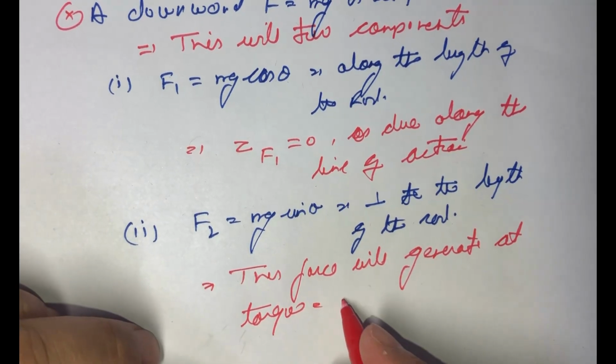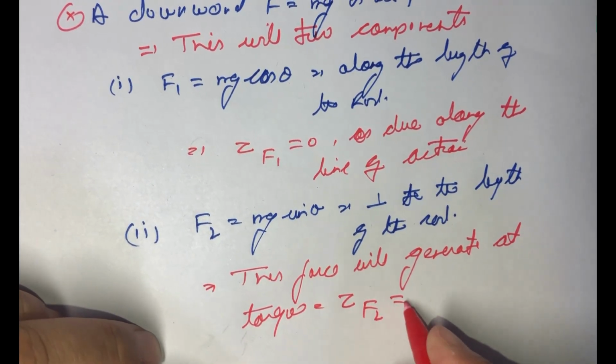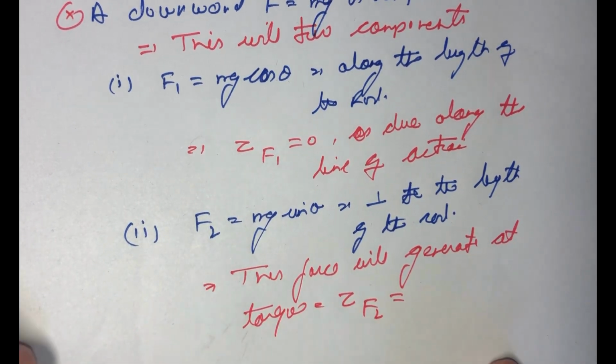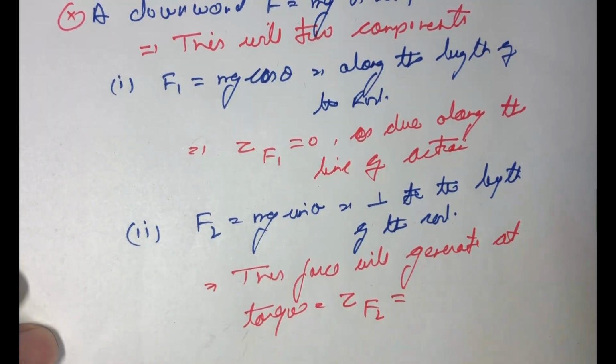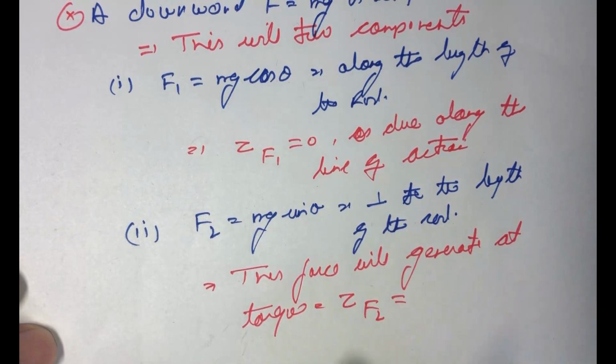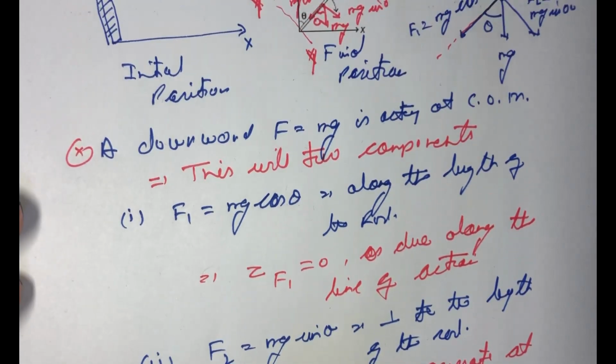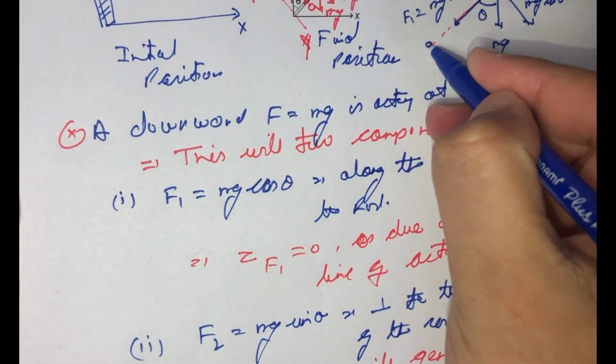Let us suppose that is given as tau F2, and tau F2 will be equal to the force F2 multiplied by the perpendicular distance, or we can say the distance between the point of pivot and this.